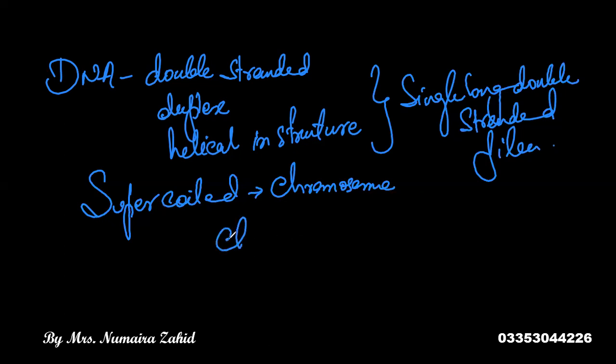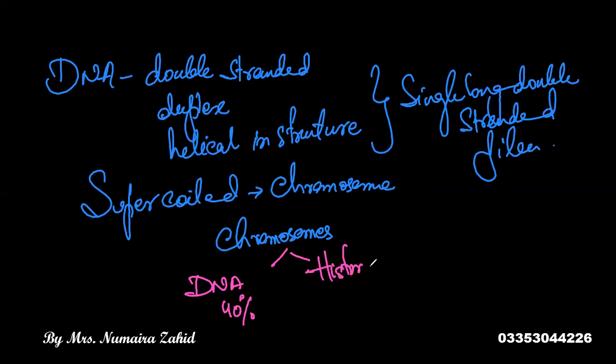As we have talked about, chromosomes are made up of DNA, which is only 40%, and histone proteins, which are 60% of the total chromosome structure.